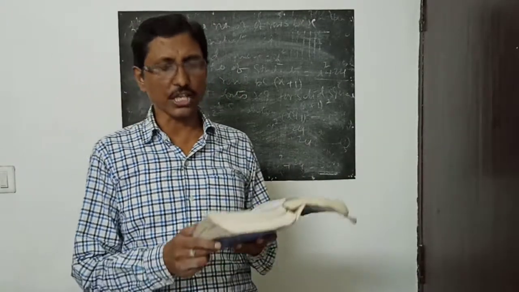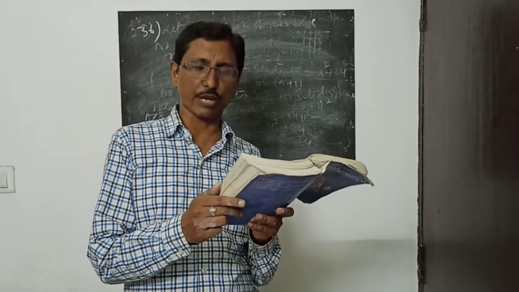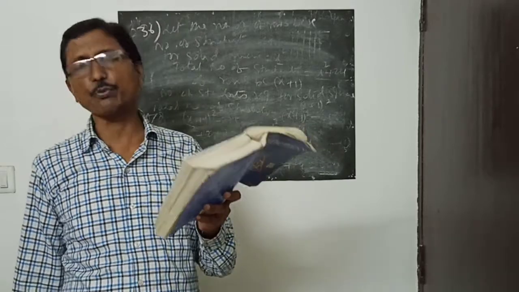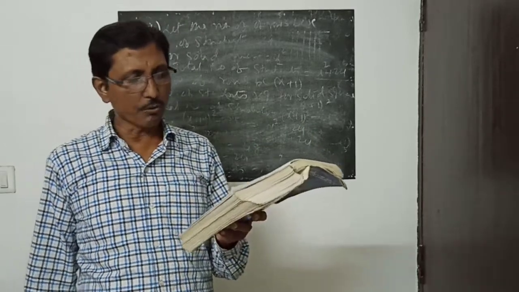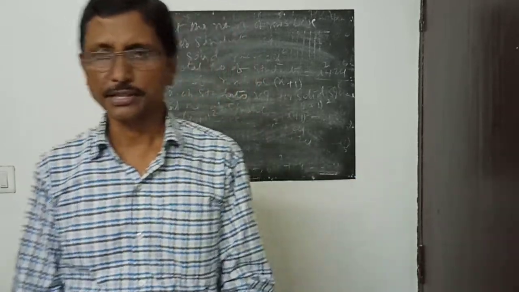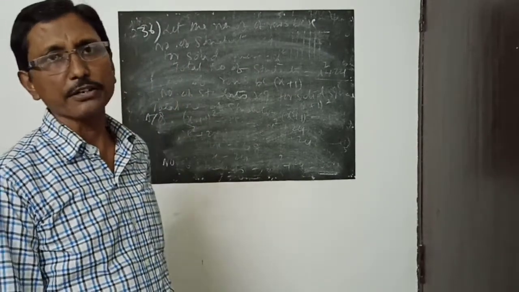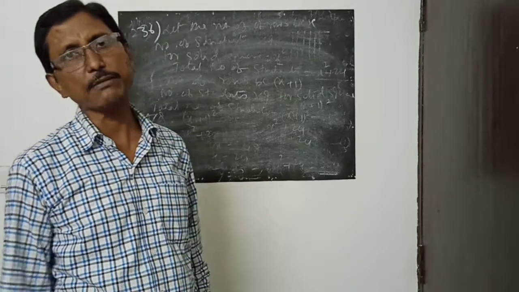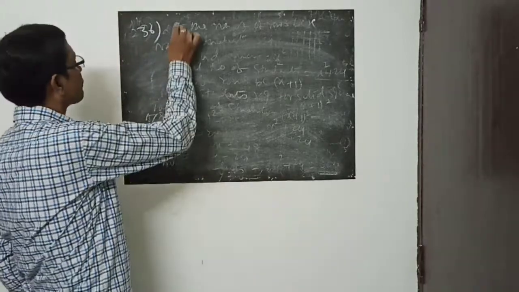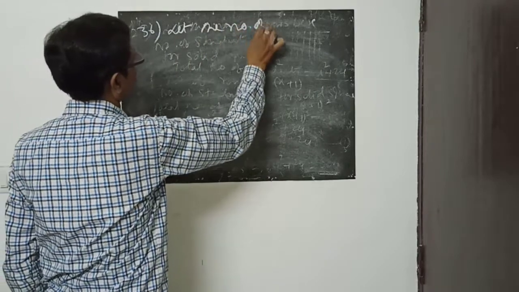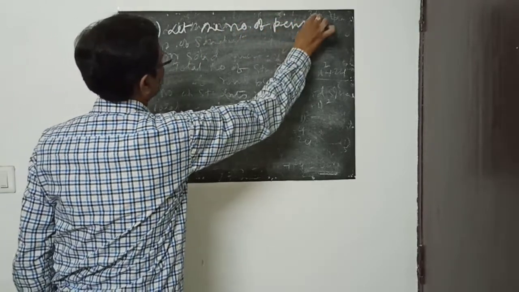It is given as a condition that if he bought 3 more pens, the cost of each pen would be rupees 3 less. Then how many pens did he buy? The total amount he has is 180 rupees. You have to find out how many pens he bought. So let the number of pens be x.